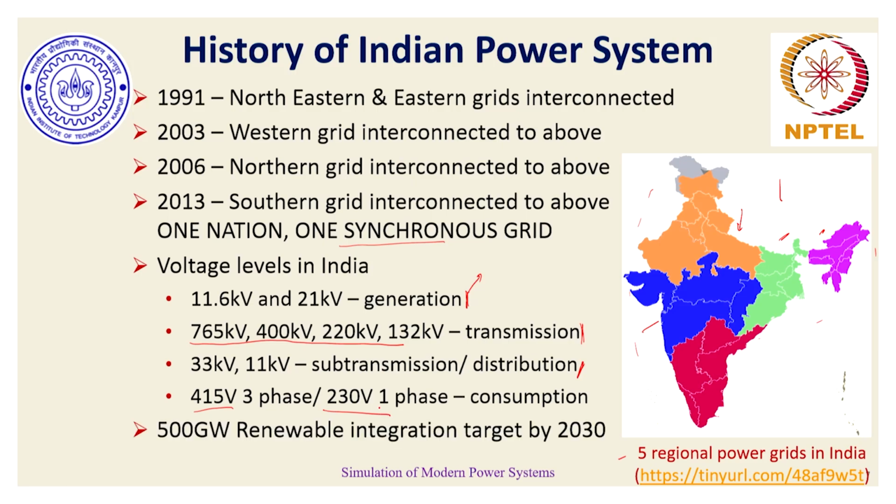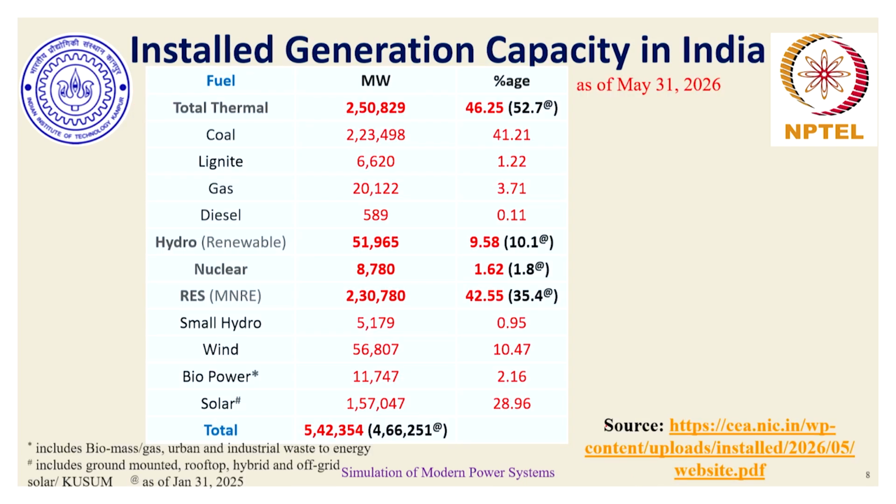We have a very ambitious target of reaching 500 gigawatt of renewable energy generation by 2030. The country is making good progress, and there are good plans that we will be able to reach close enough to this number. Having set this target, it's interesting to see what the installed generation capacity in India has been across the years.